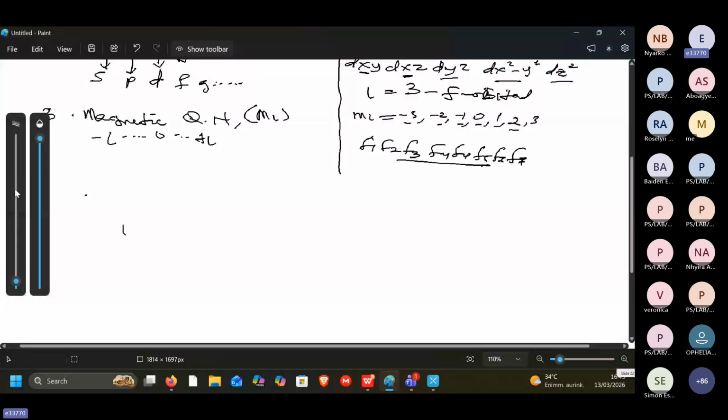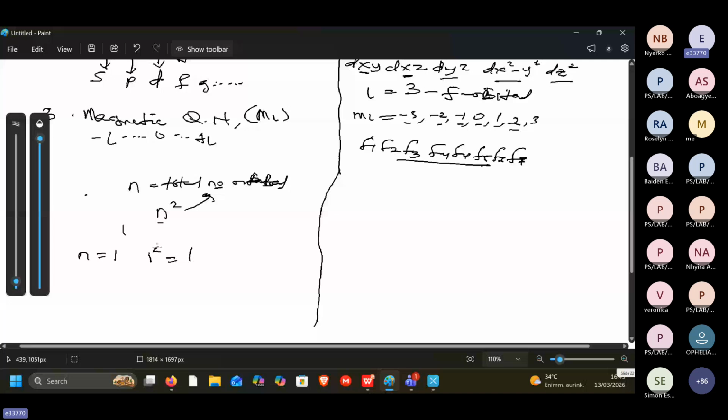If I want to know the total number of orbitals, once I know N, I square N, and it tells me the total number of orbitals available in that energy level. For example, if N equals 1, the total orbitals we should get is 1 squared, which is the same as 1.